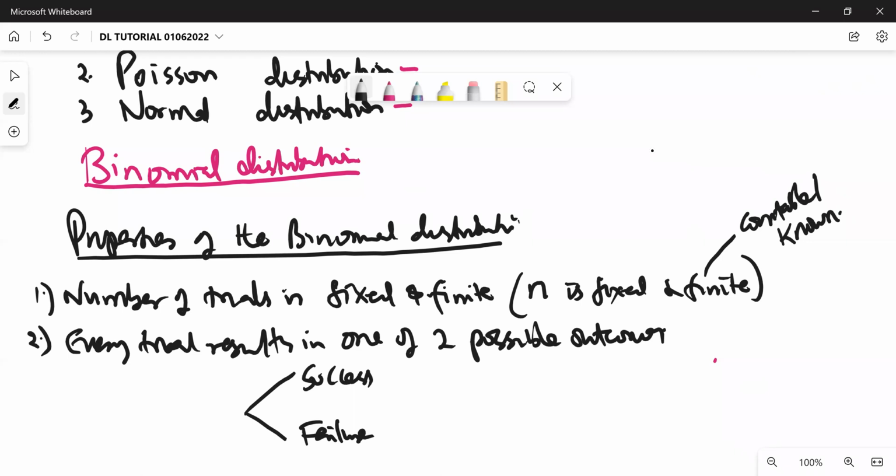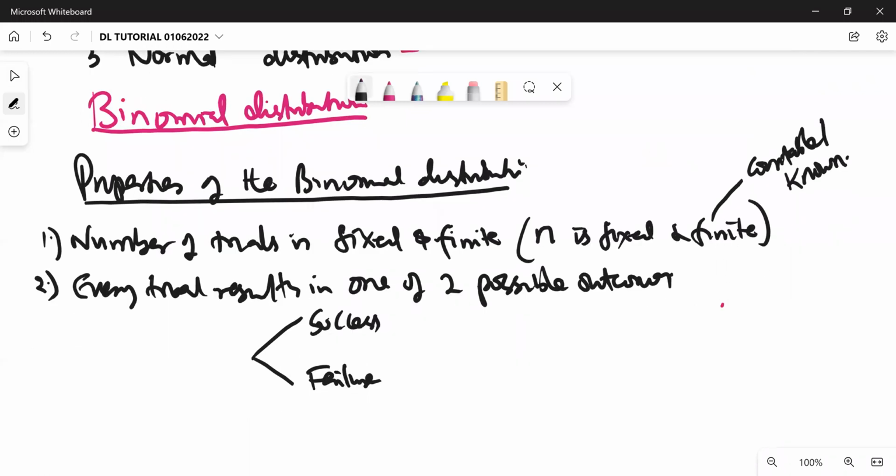One of the outcomes is called success, the other one is labeled as failure. For example, if you're inspecting the quality of goods, you can call success the number of defective items found, and so on and so forth.